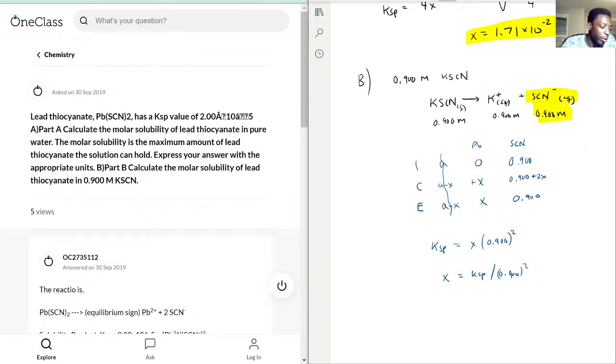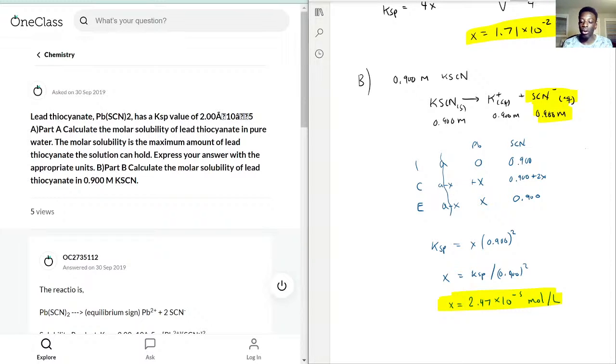And you'll find when you plug into the calculator, as you can see, the x produced is really small, 2.47 times 10 to the negative 5 moles per liter. And this right here would be the molar solubility when there's already some product there, in this case, the thiocyanate.